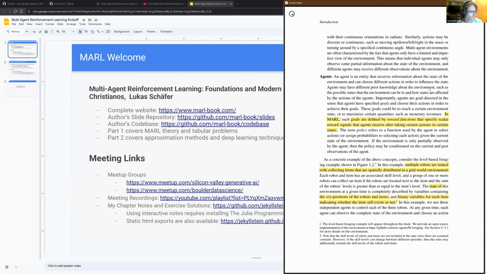Obviously, just like in ordinary reinforcement learning, you have to define the goals, which really comes down to the reward function that the environment gives. A lot of this stuff, like the state space and the action space, could be very abstract things. But just like in regular reinforcement learning, the reward function is a scalar quantity.